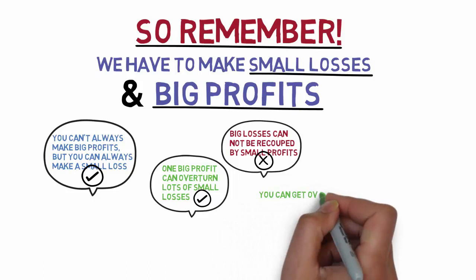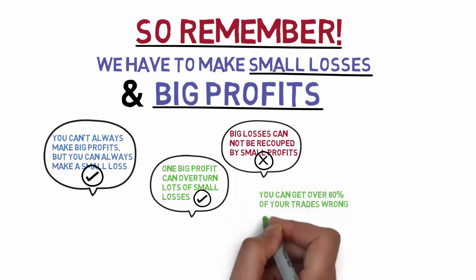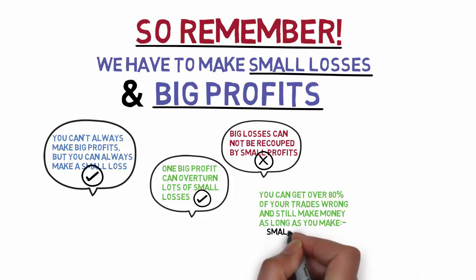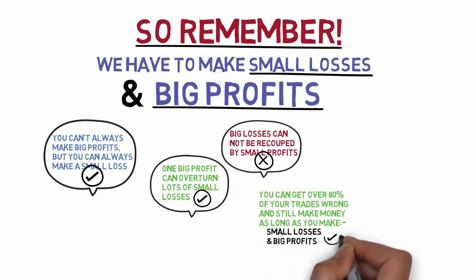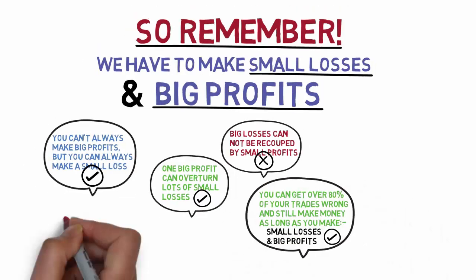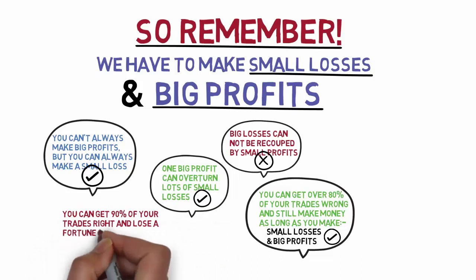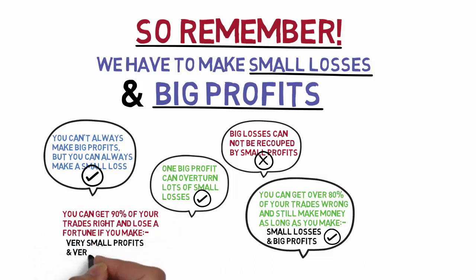You can get over 80% of your trades wrong and still make money as long as you make small losses and big profits. You can get 90% of your trades right and lose a fortune if you make very small profits and very big losses.